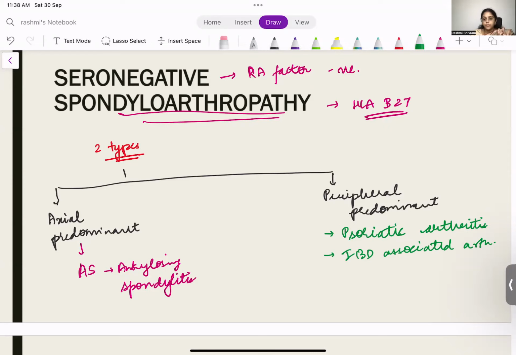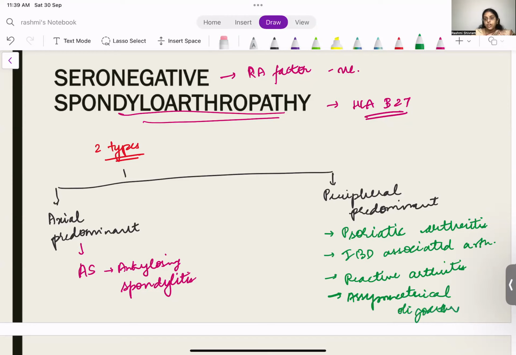So the peripheral predominant ones: the first one will be psoriatic arthritis, the second one IBD-associated arthritis, the third one reactive arthritis. We are going to see all of these in detail, don't worry, we'll be covering all these things. And one more thing, which is called asymmetrical oligoarthritis.